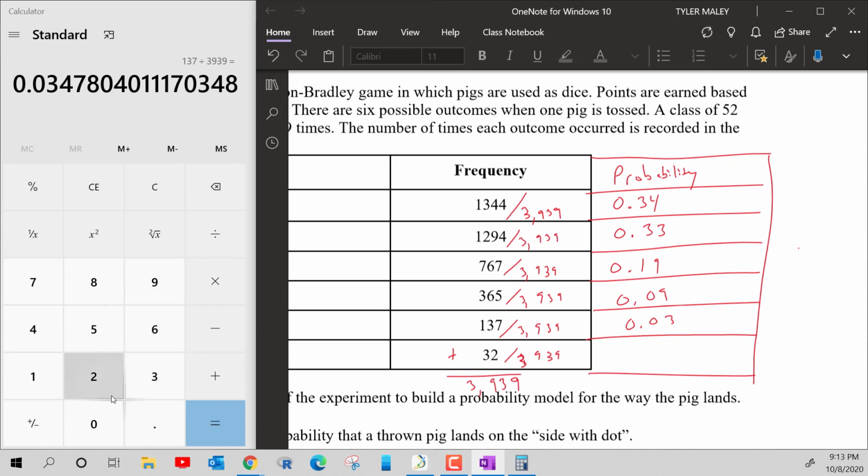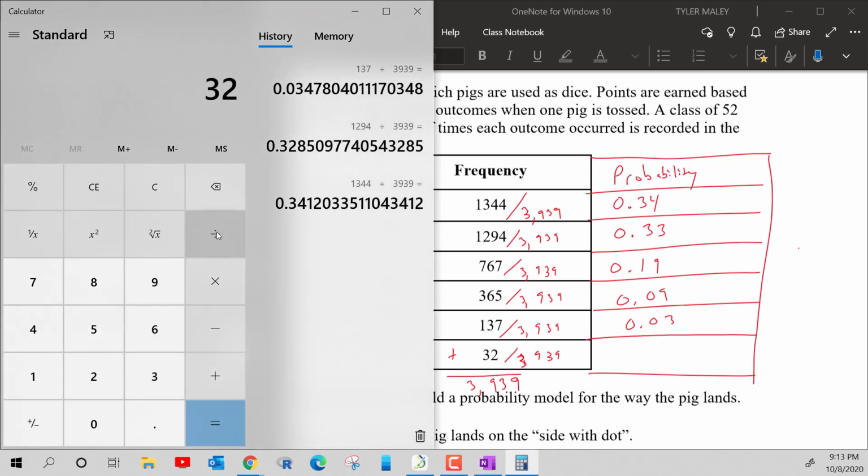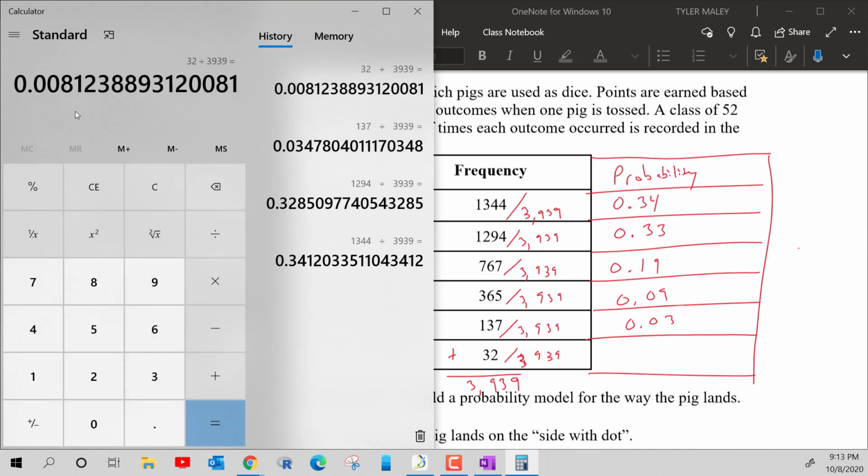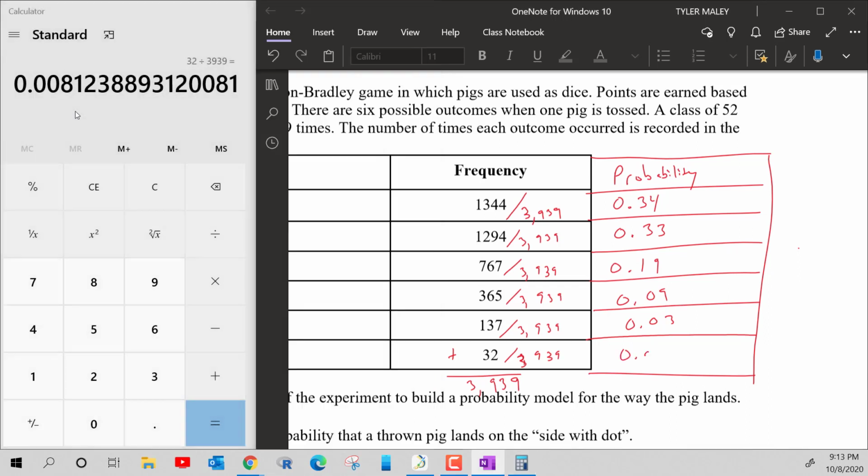Then when I take 32 divided by 3,939, I get about 0.01. The problem is when you add all these up, the total should be equal to 1. If you remember, from the rules for probabilities, we want the total to be 1. But if you add these up the way they are, it's 0.99. So one of these we need to bump up, or add 0.01 back into it.